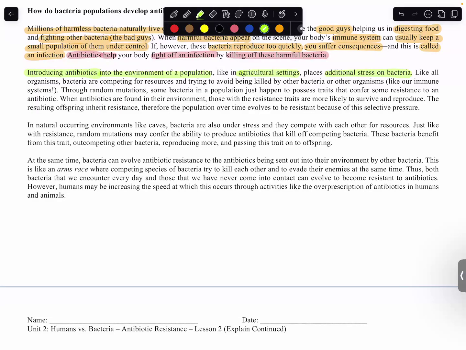Like all organisms, bacteria are competing for resources and trying to avoid being killed by other bacteria or other organisms, like our immune systems, right? Bacteria, believe it or not, they're kind of always under attack, much in the same way that they attack other organisms.